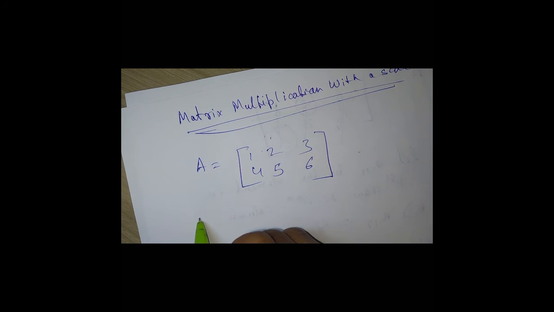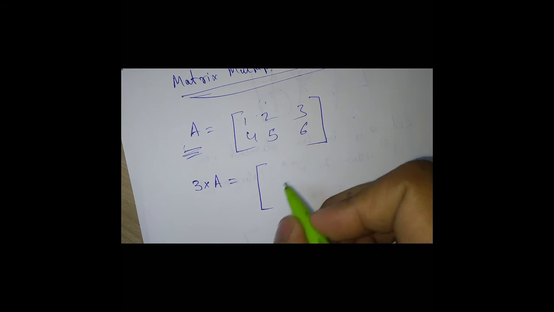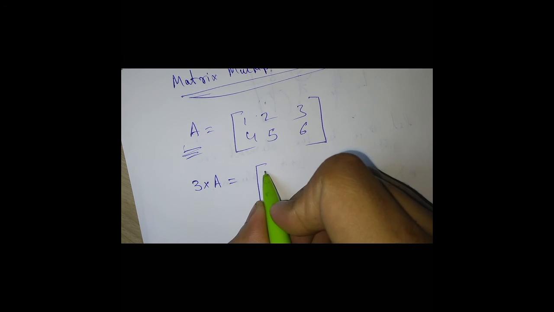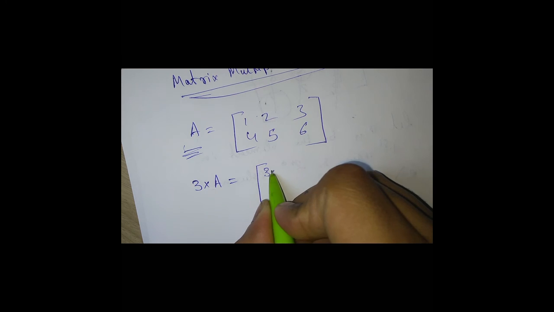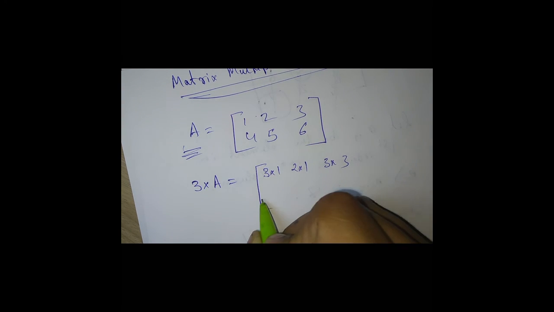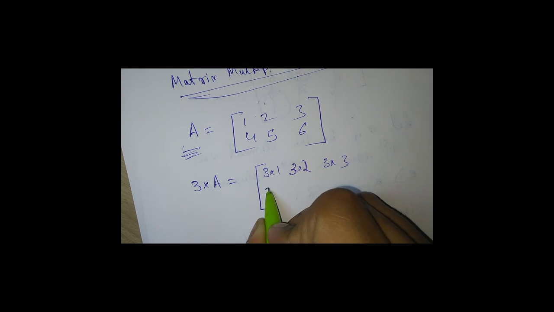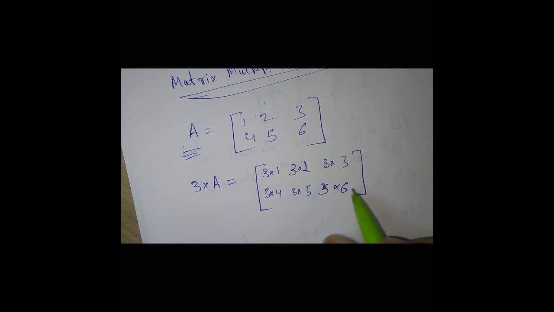If we multiply 3 with matrix A, this implies that each element of this matrix A is multiplied with number 3. This will be our new matrix.